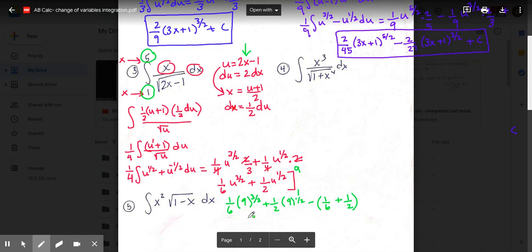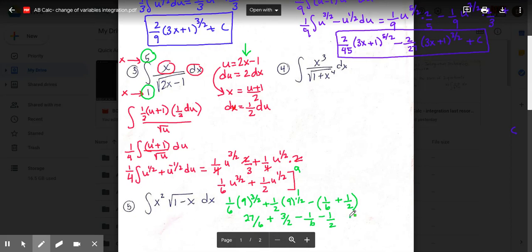So we get, what is this? This is the square root of 9, which is 3. And then 3 cubed is 27. So this is 27/6 plus, and then the square root of 9 is 3. So plus 3/2. And then minus 1/6 minus 1/2.